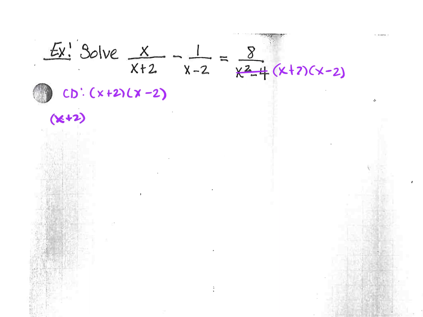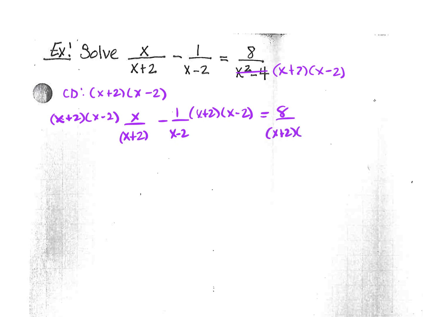X plus 2, x minus 2 times x over x plus 2. All right. X plus 2 goes away here. X minus 2 goes away here. And both go away there.